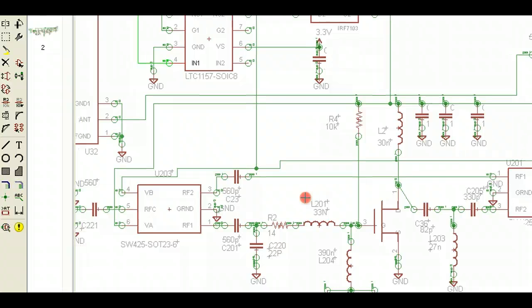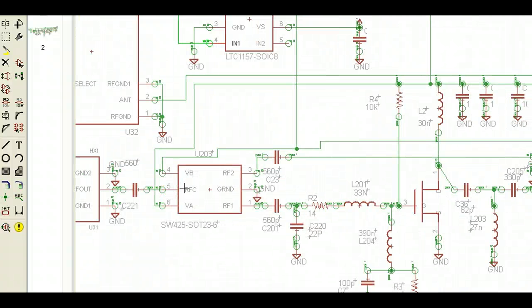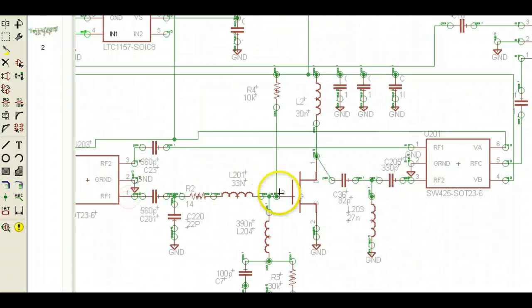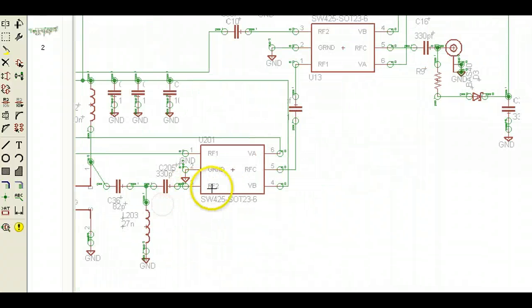Remember, the transmit module is here. As the RF starts coming out here, this is a switch. This switch, this port, and this port are connected. That feeds the gate of this transistor. This transistor feeds this switch, which comes out here and comes to the final transmit receive switch.